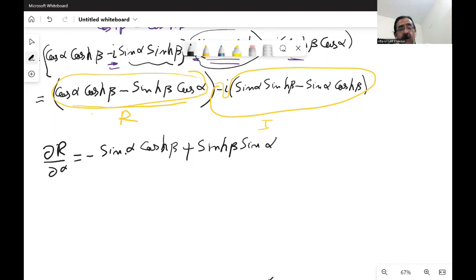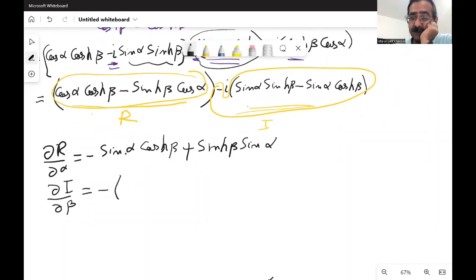Okay, this is partial r over partial alpha. Now we have to find partial I over partial beta. If they are the same, then C1 will be satisfied. This is our I.